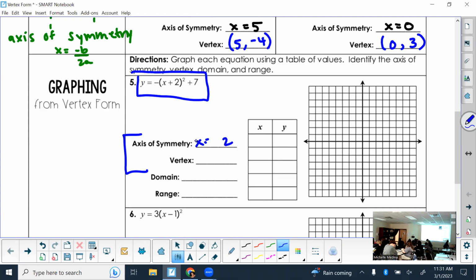X equals 2, you said? Okay, so good on the x equals. That should always be in all your axis of symmetries. Is it 2? -2. So the H is always in the parentheses with the X, but it's always the opposite sign.